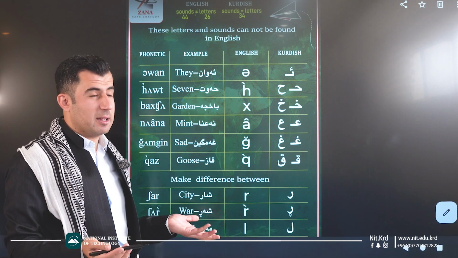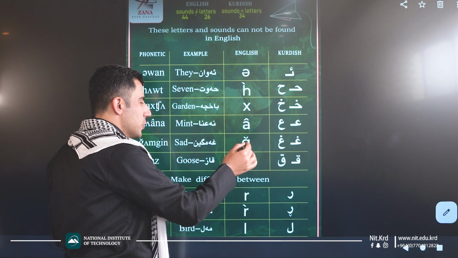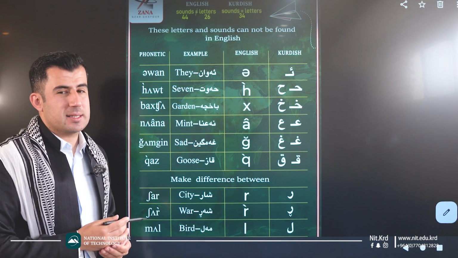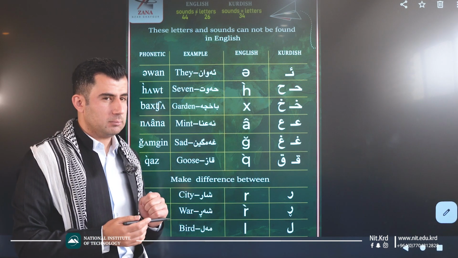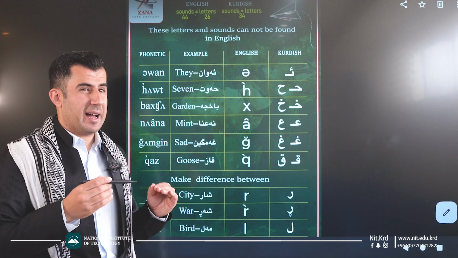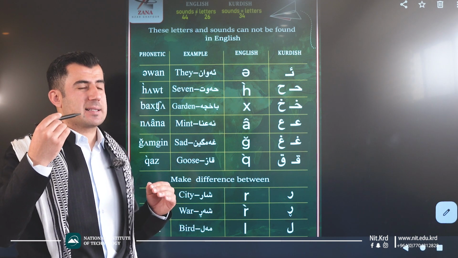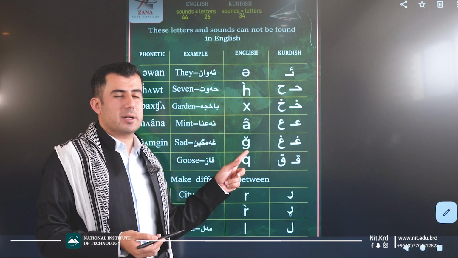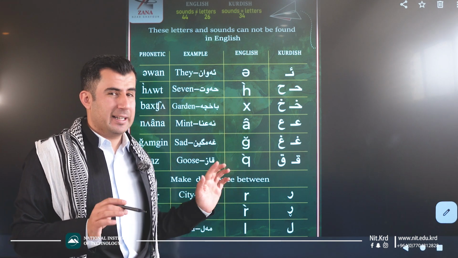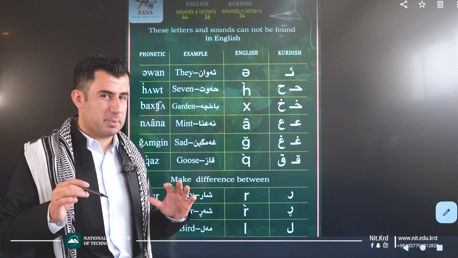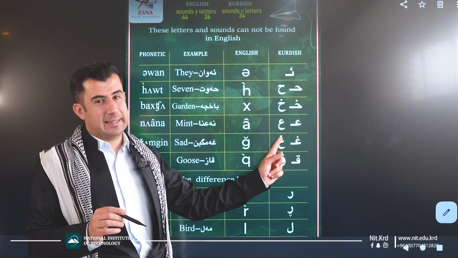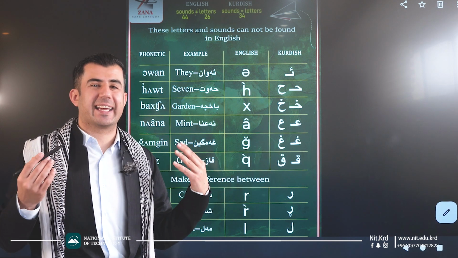After that, again, we do not have any sign for it. For that reason, I use this G with this sign. It will become r. Right now, we have some cities and places around the world that use this sound. For example, Baghdad. It is not Baghdad, the capital of Iraq. No, it is Baghdad. Also, it's not Gaza.